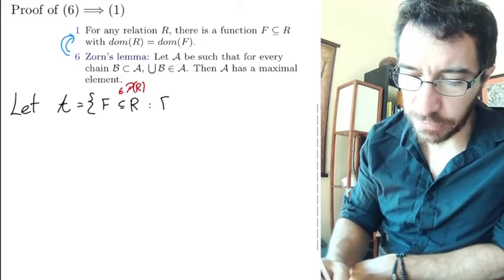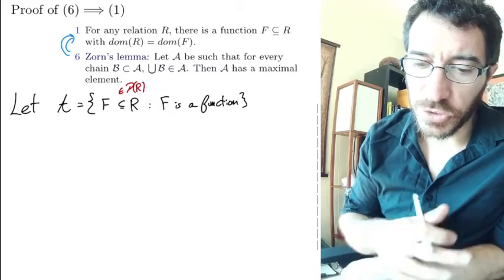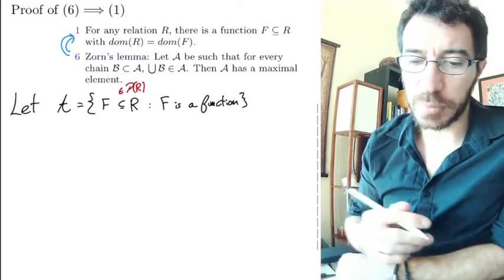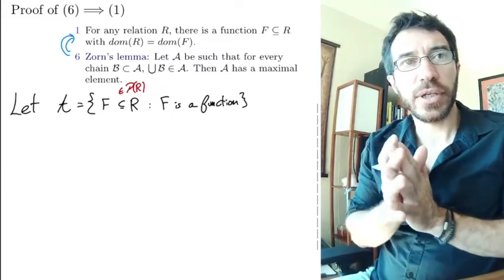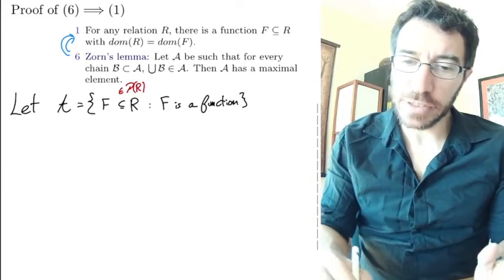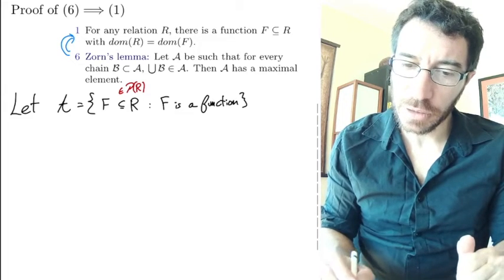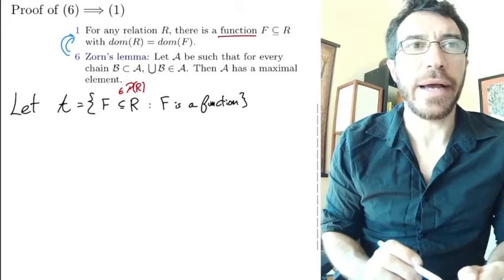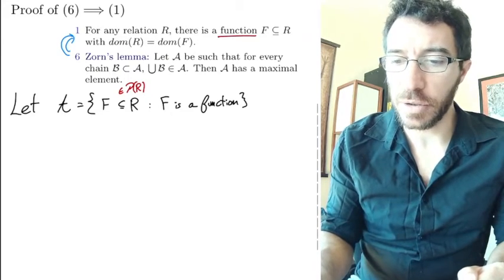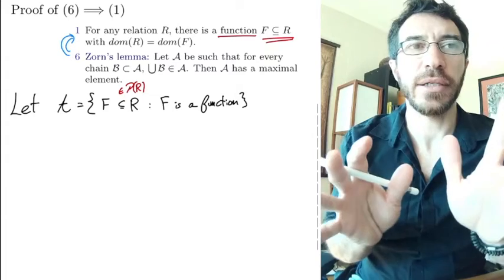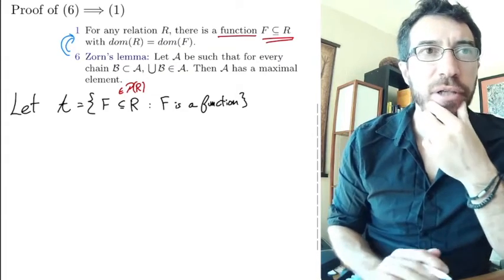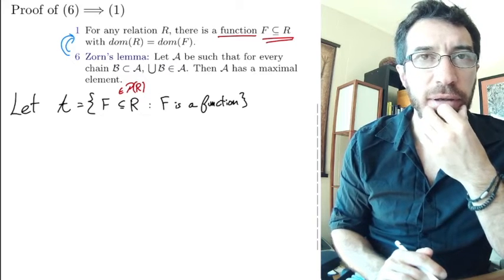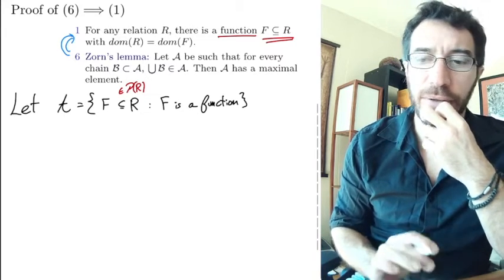So the elements of this collection A are the things that are functions and are subsets of R. Those are the two things we're asking, and we're not asking anything about the domain of R being the domain of f. We're going to want to get that from the maximality, from Zorn's lemma, okay?